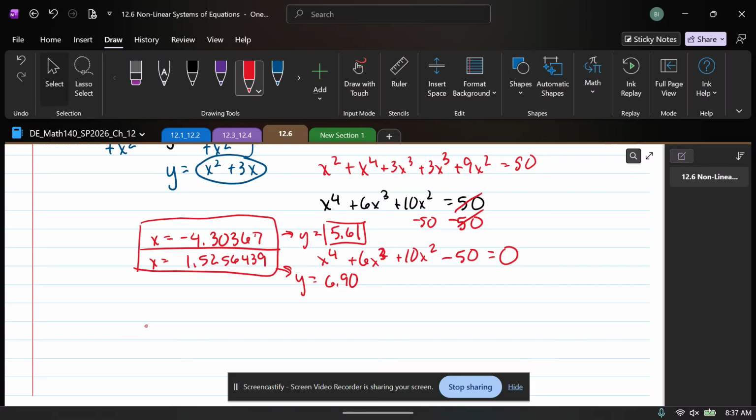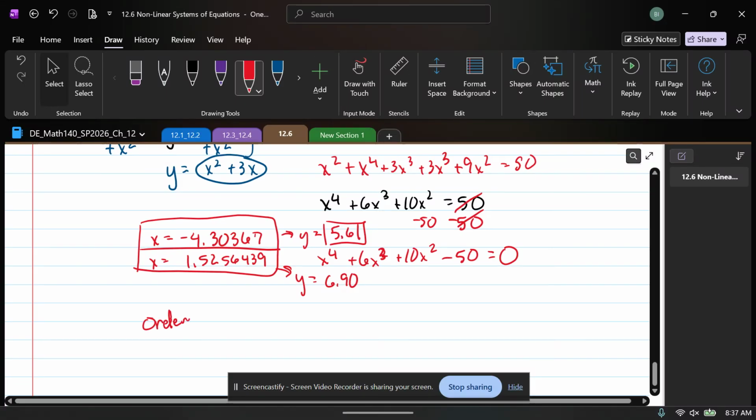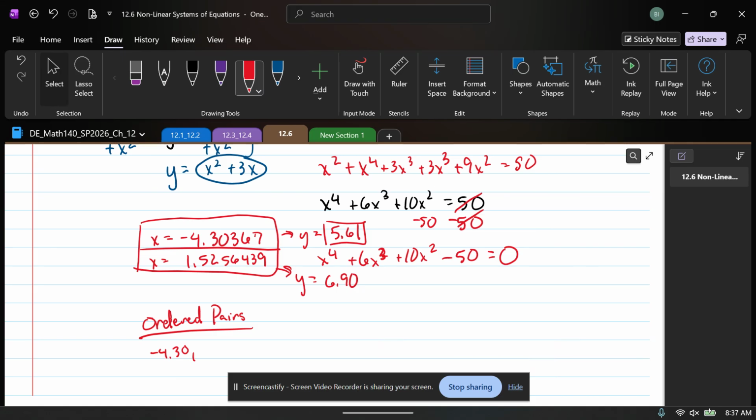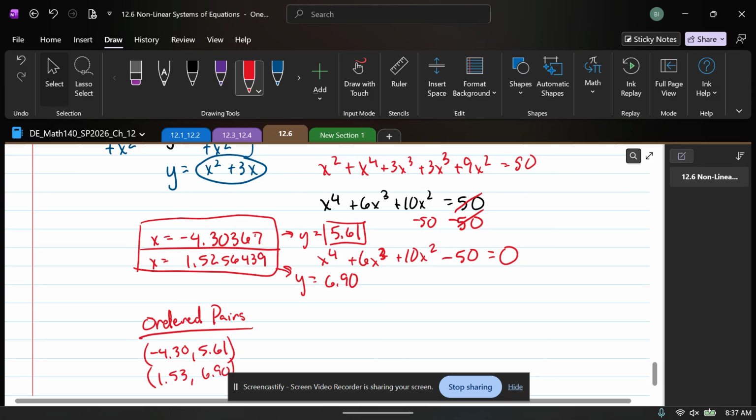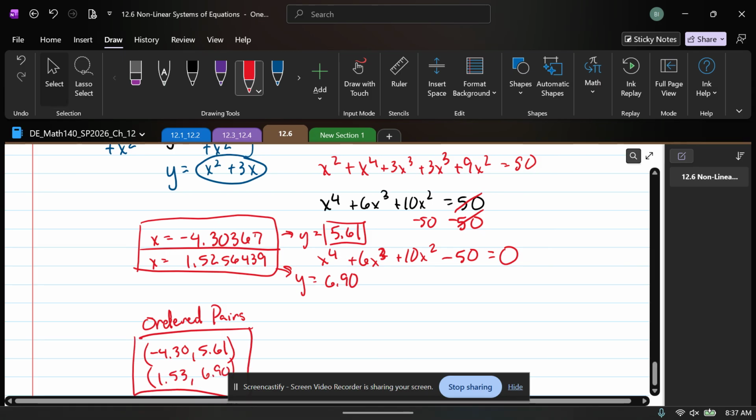So my ordered pairs: negative 4.30, 5.61, and 1.53, 6.90. Just going 2 decimal places for the final answers there. Notice I didn't round until I got to the final answer.